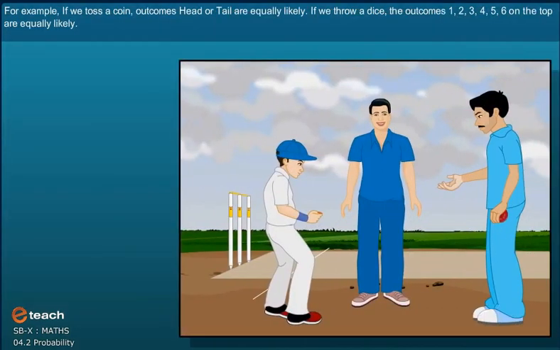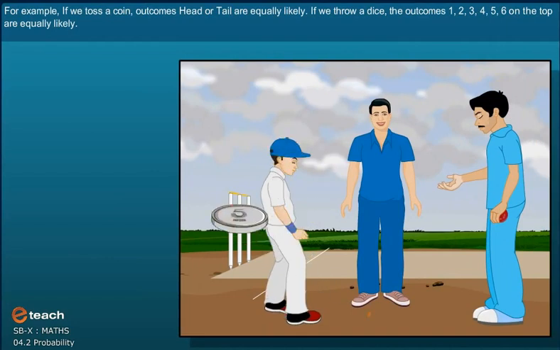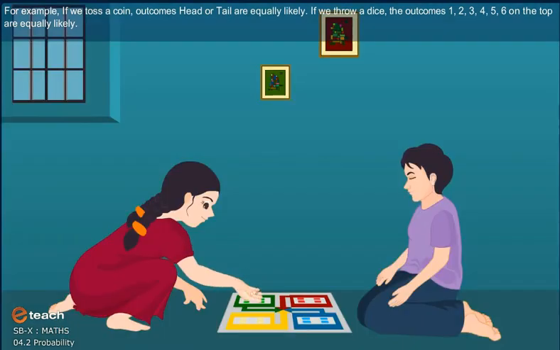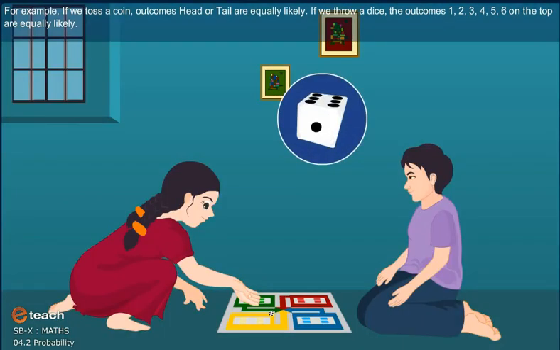For example, if we toss a coin, outcomes head or tail are equally likely. If we throw a dice, the outcomes 1, 2, 3, 4, 5, 6 on the top are equally likely.